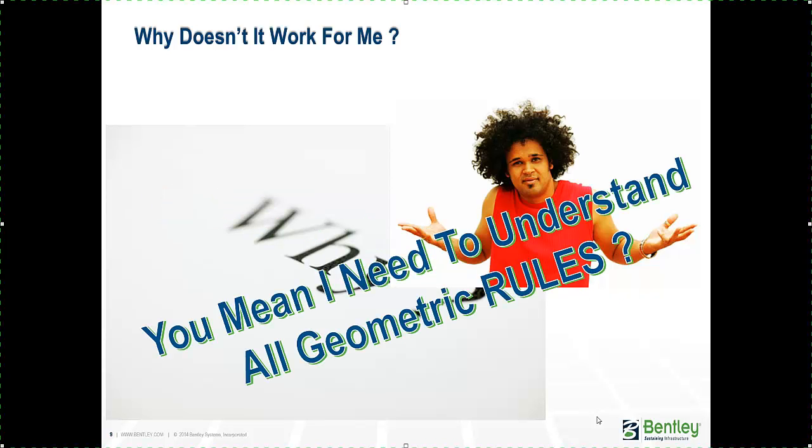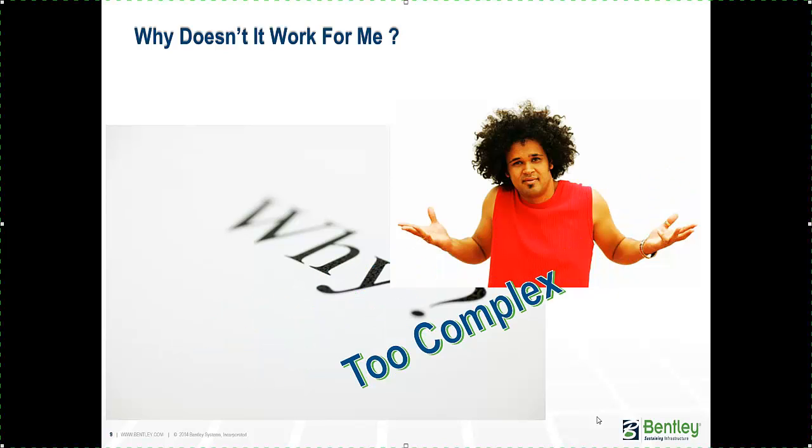What do you mean I need to understand all the geometric rules? What are all the geometric rules? Where can I find them? How does it work? Or maybe the situation I'm trying to create the cell for is a 20-leg roundabout intersection. It's just too complex.